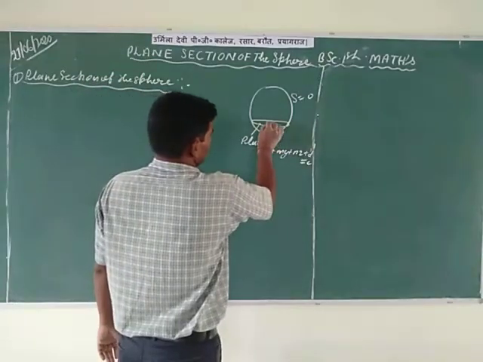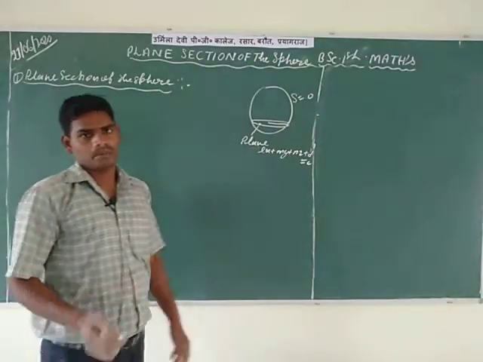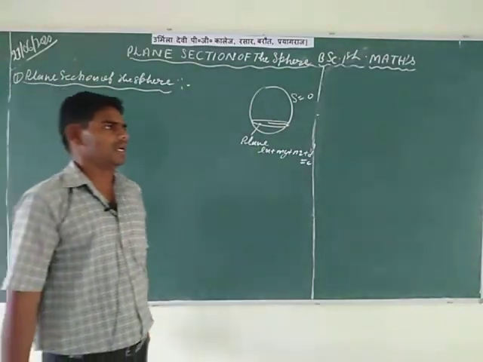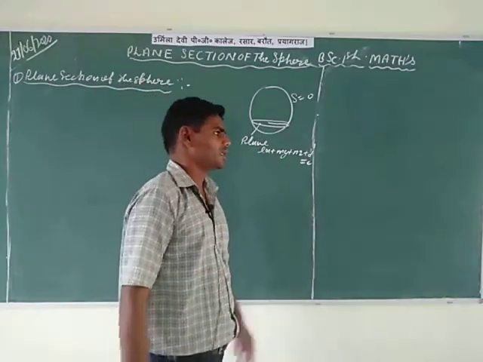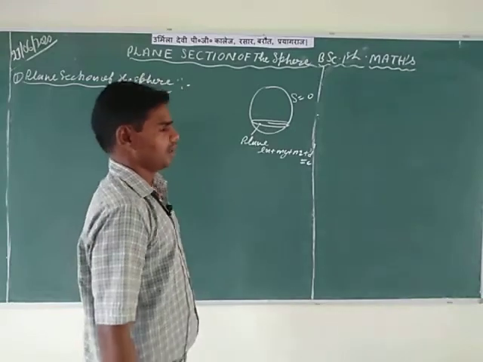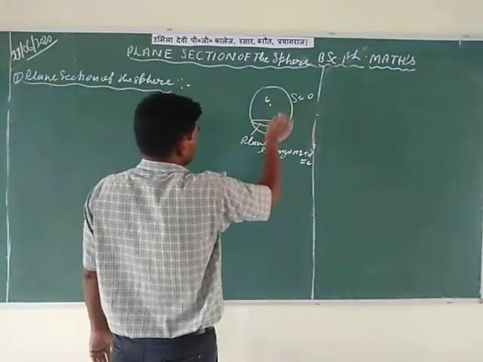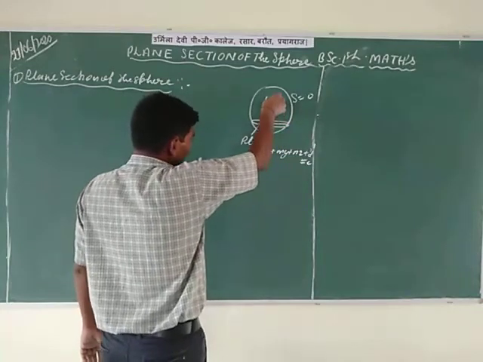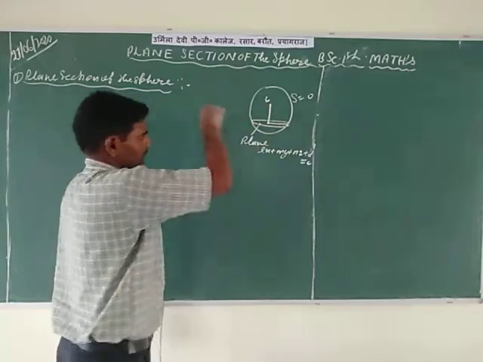You know that if this area is a circle, then it must have a center and a radius. Here you can calculate the radius and the center of the circle by applying some numerical methods. Suppose that C is the center of the sphere. We draw a perpendicular line from C on the plane section.